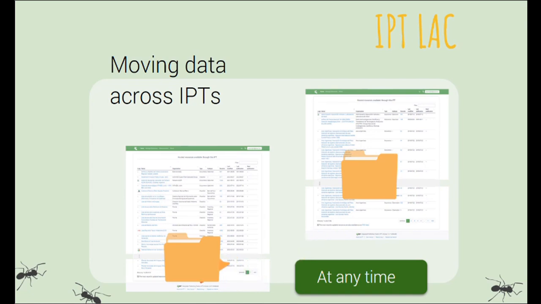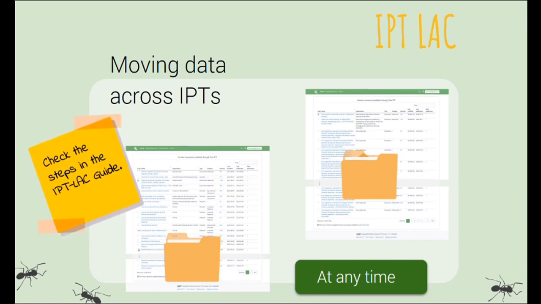If a more appropriate IPT becomes available at a future date, resources can be moved from IPT LAC to that IPT. Conversely, if an existing IPT is removed or ceases to be maintained, resources can be moved from that IPT to the IPT LAC. Remember to check the steps in the IPT LAC guide.